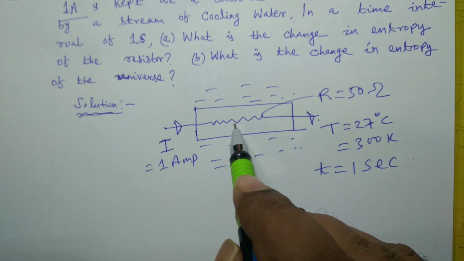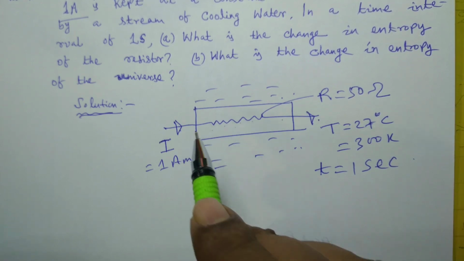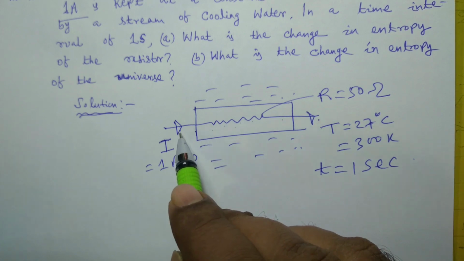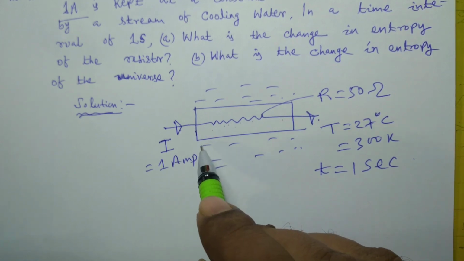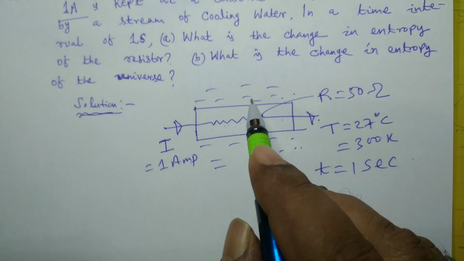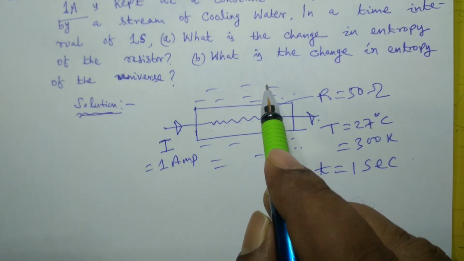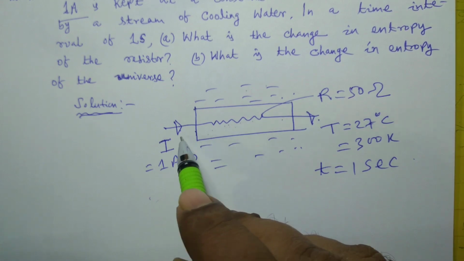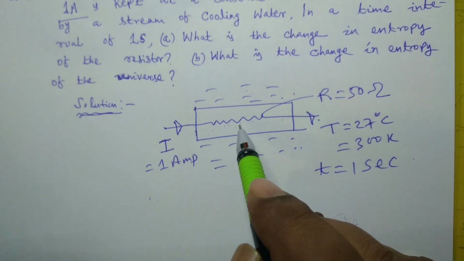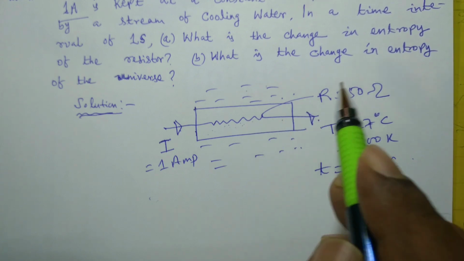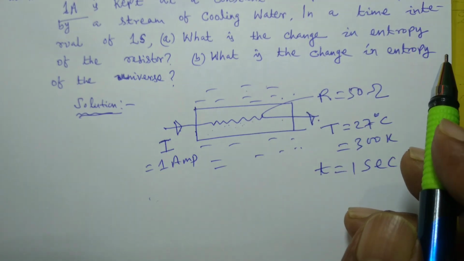Whatever heat is released by the flow of current for a specific time period goes to a stream of cooling water, which takes away the heat liberated by this current. So that's why the temperature of the resistance remains constant at 27 degrees Celsius.